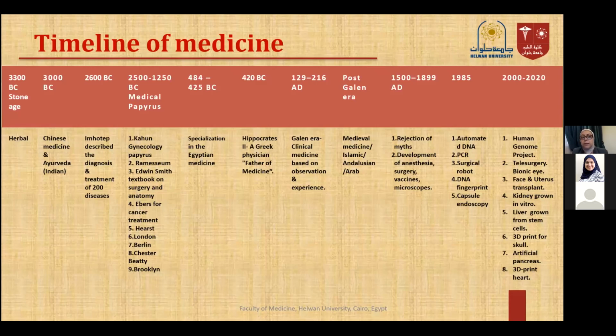Then 1,000 years later, there were the medical papyri in Egypt: for gynecology, Ramesseum, Edwin Smith, which was considered as a textbook on surgery and anatomy, Ebers for cancer and treatment of cancer, Hearst, London, Berlin, Chester, and Brooklyn papyri. Then also 1,000 years later, there emerged the specialization in Egypt.